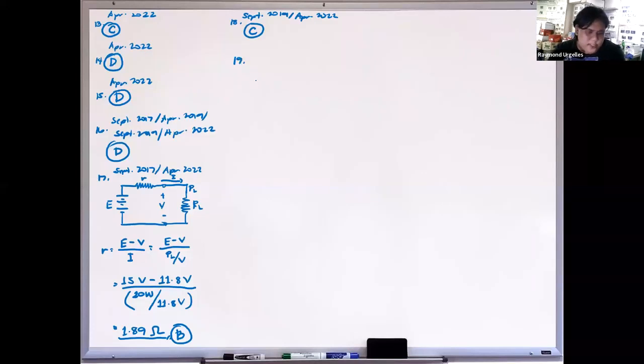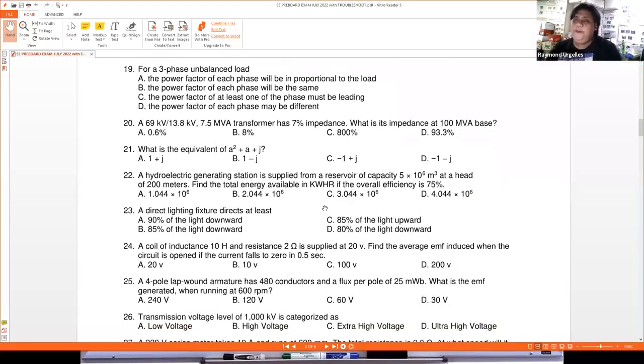Number 19. This came out in September 2014, and again in April 2022. So again, for a three-phase unbalanced load, the power factor of each phase will be... that is what appears in our choices, diba? If we check our choices, only one of them is possible only for unbalanced, because the other choices can also apply to balanced.